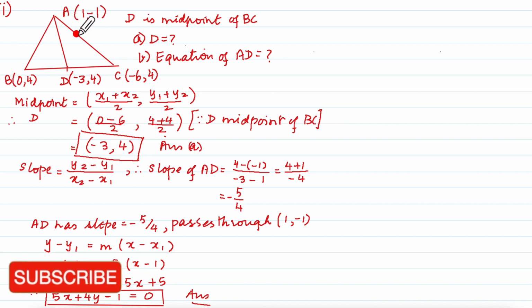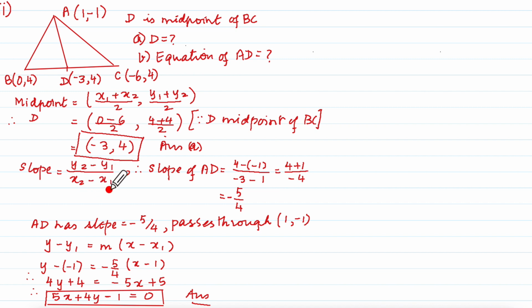Now in order to find the equation of AD, we need to find first the slope. So slope formula is y2 minus y1 upon x2 minus x1. We substitute for the y2 and y1 value. So 4 minus 1 means 5 upon, we have minus 3 minus 1, which is minus 4. So minus 5 upon 4. Now AD has a slope of minus 5 upon 4 and it is passing through this point also.